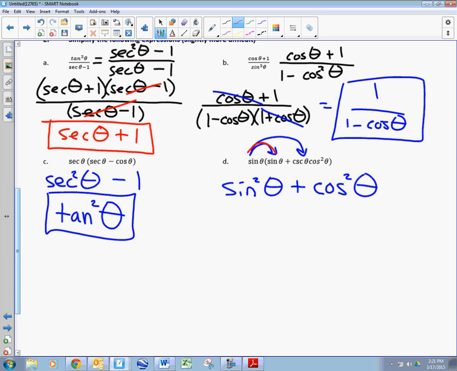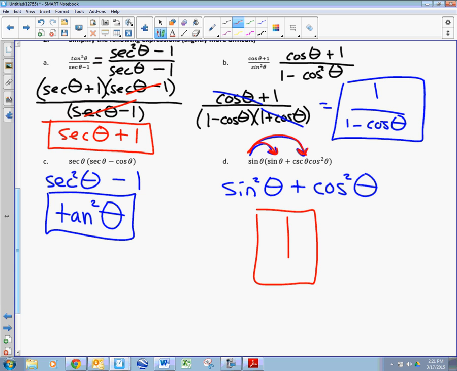So there's only 2 terms that I distribute sine to. You don't distribute to the cosecant and to the cosine squared. This is 1 term because it's being multiplied together. So if you multiplied it by both cosecant and cosine squared, you'd be distributing the sine twice to that term, and you don't want that.